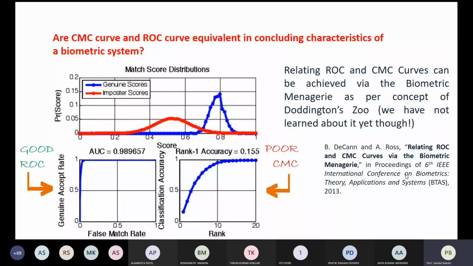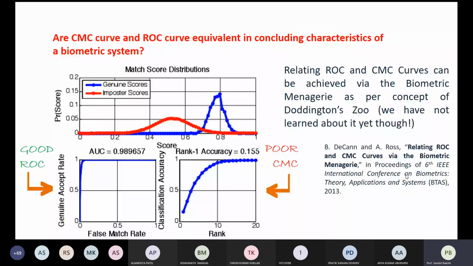If this matrix is changing, the same biometric system with the same code is going to give you different accuracy. So the accuracy you are getting from a biometric system is not only the property of the biometric system, but also related to the property of the users on which you are experimenting. So, this is the concept of Doddington's Zoo.